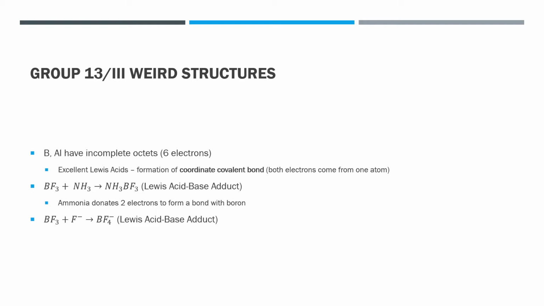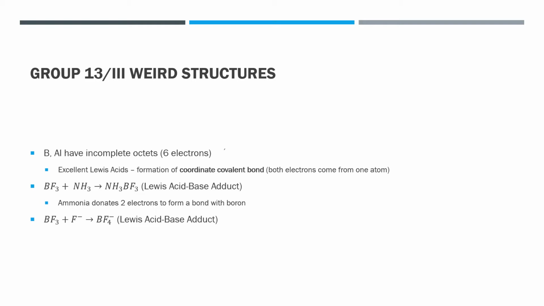They are not as unhappy, as unstable with 6 electrons as something like carbon would be. So they can actually be isolated when they only have 3 bonds, or they only have 6 electrons. And this should have been mentioned in an AP Chem class, but I just wanted to review it.